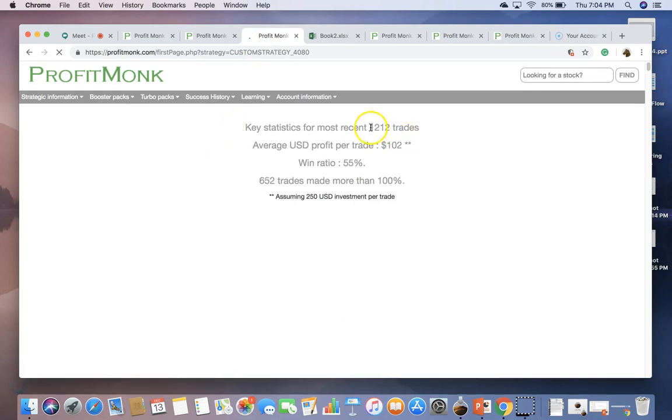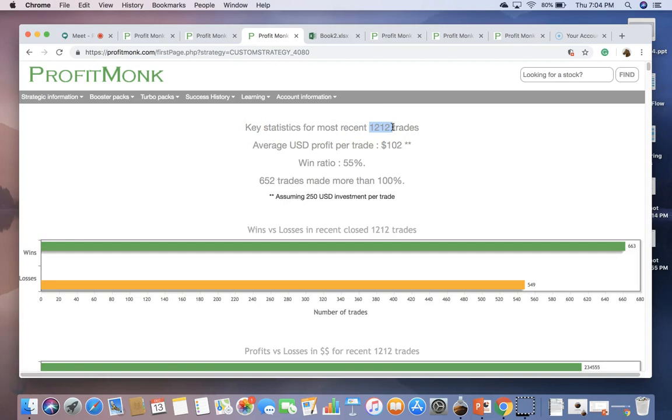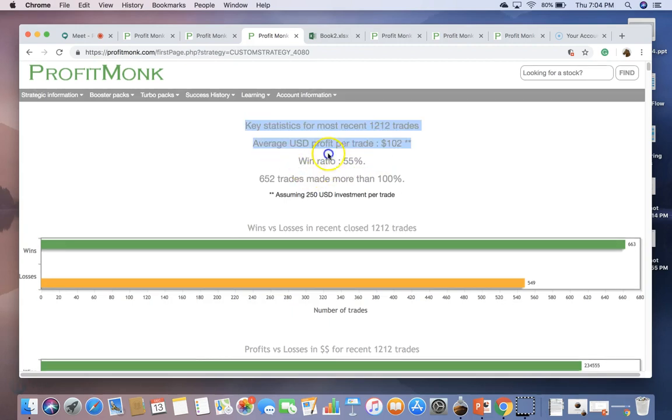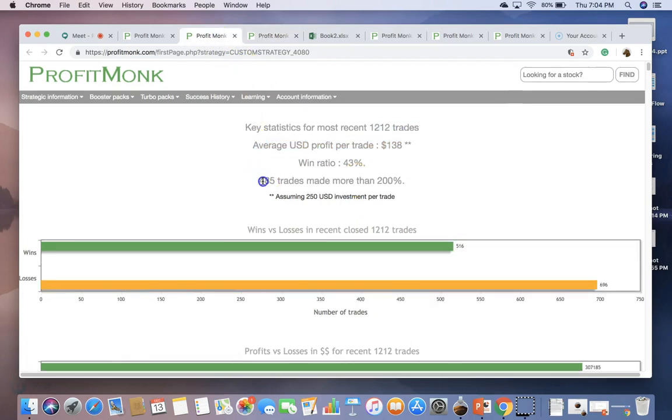So for the same 1200 trades, your average expected profit actually goes down from 138 to 102. Your win ratio goes up drastically. And so clearly this particular setting will keep you slightly happier, because you will have this dopamine rush of winning more often, because you have 652 trades which made more than 100%, while you had just 485 which made more than 200.